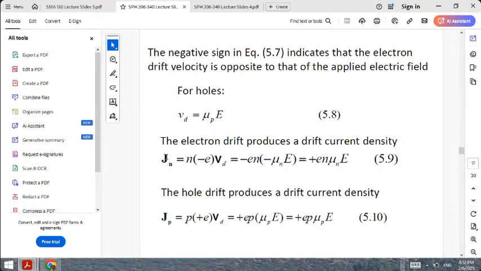And we remember how we define J: J is current density.